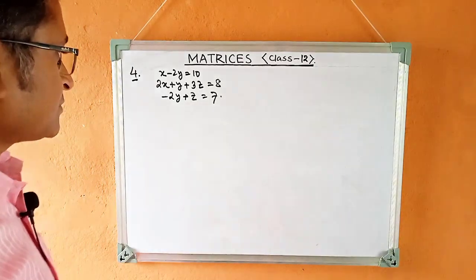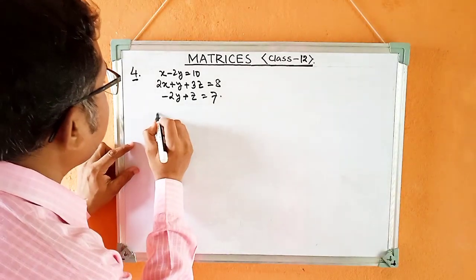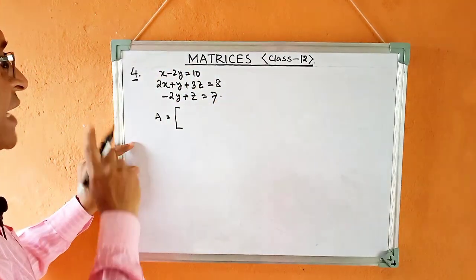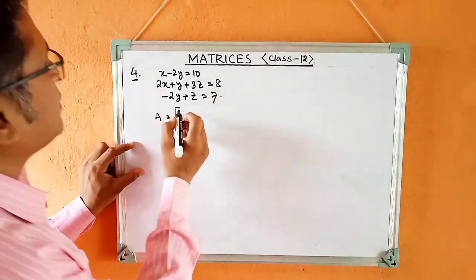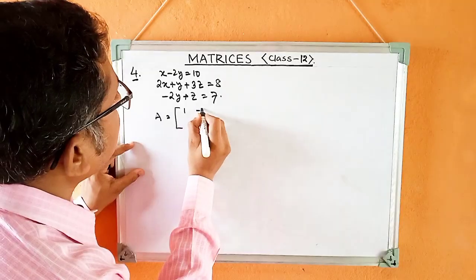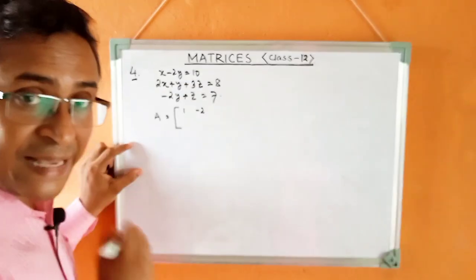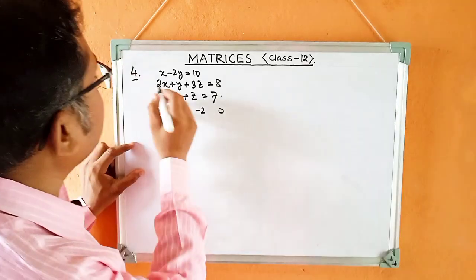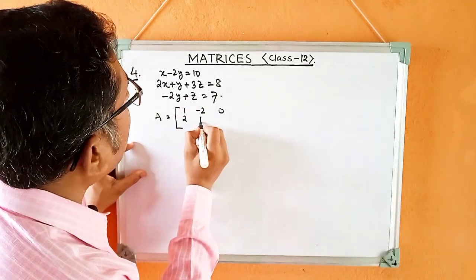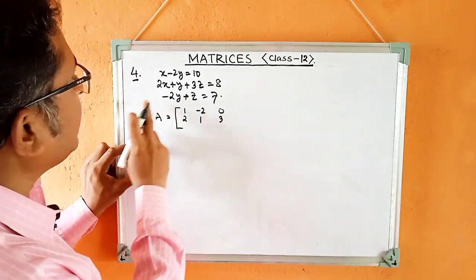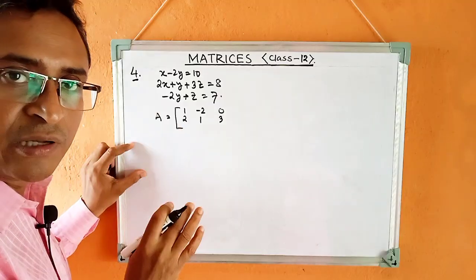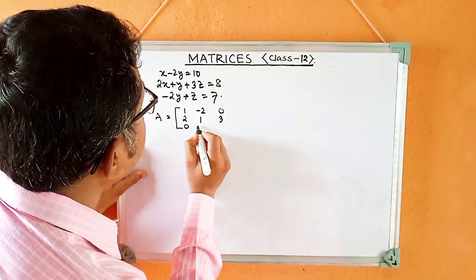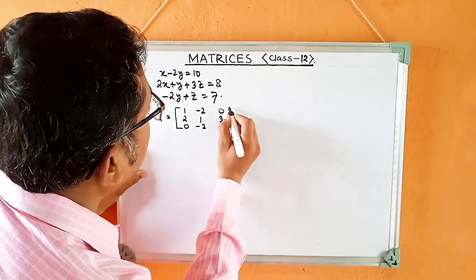See carefully. First of all, A equal to, write all the coefficients of x, y, z. Here the coefficient of x is 1, coefficient of y is minus 2, coefficient of z is 0, since it is not given. Then 2, 1, 3. In the third equation the coefficient of x is not given, that means 0 into x, that is 0, then minus 2, then 1.